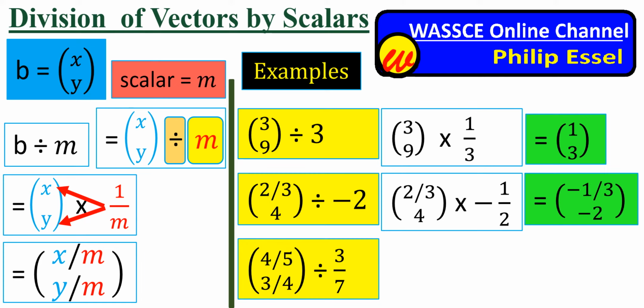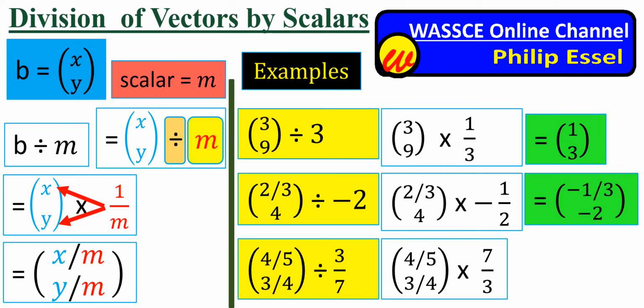Example 3. We have the vector 4 over 5, 3 over 4 divided by the scalar 3 over 7. We would first convert the division sign to multiplication. Then we would rewrite the 3 over 7 to its inverse form, which is 7 over 3.